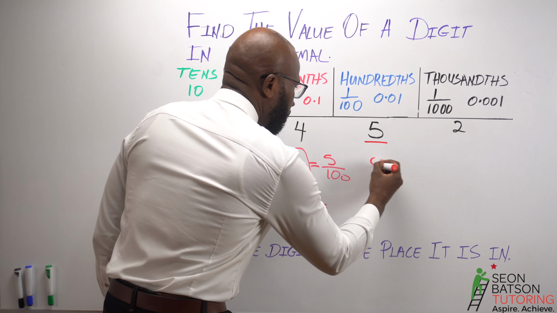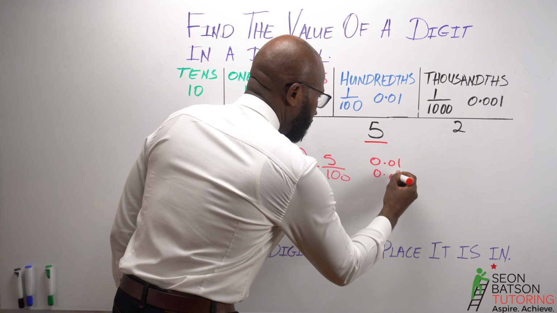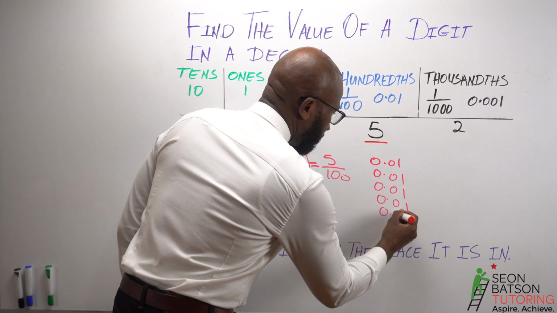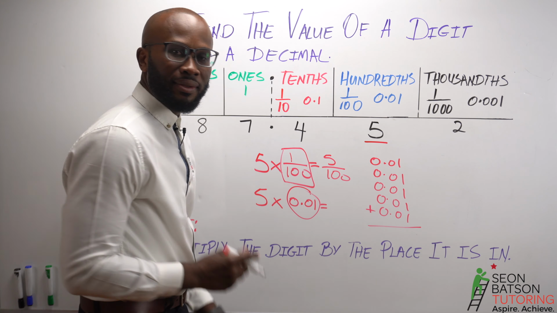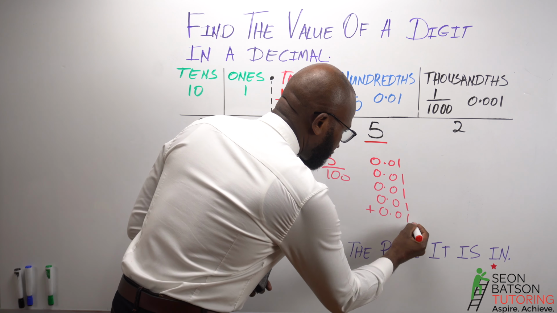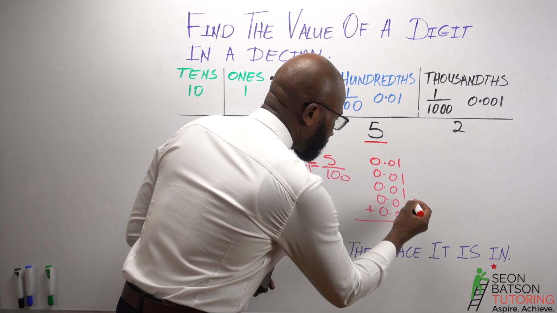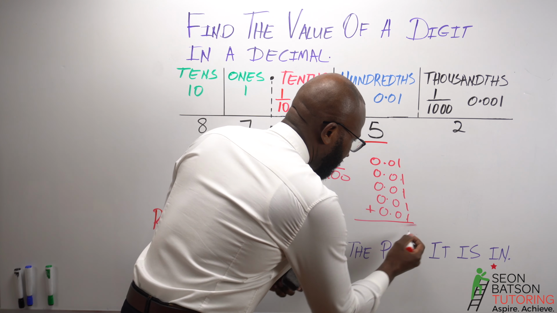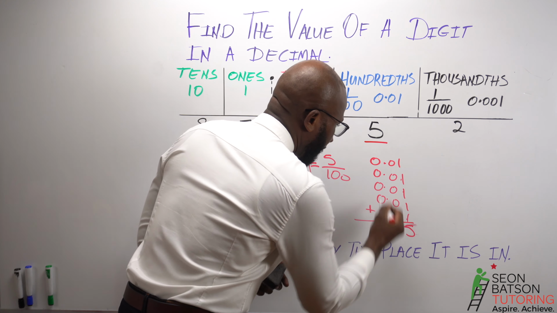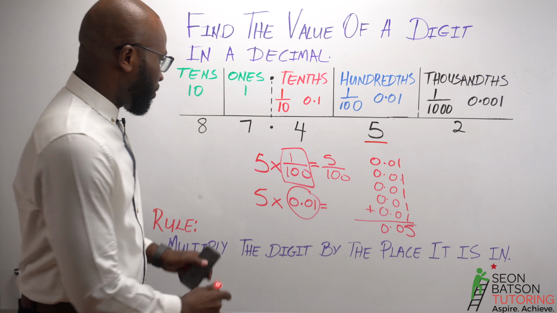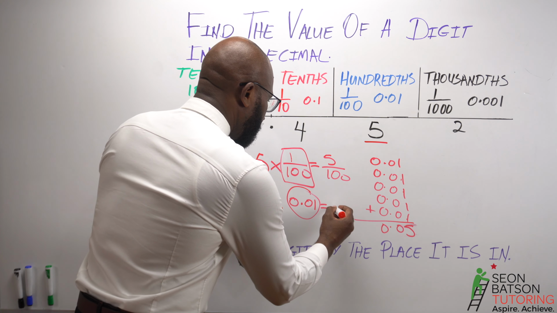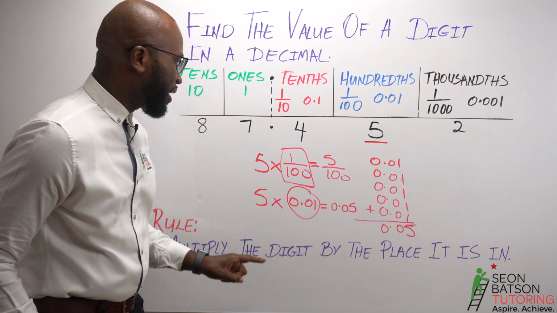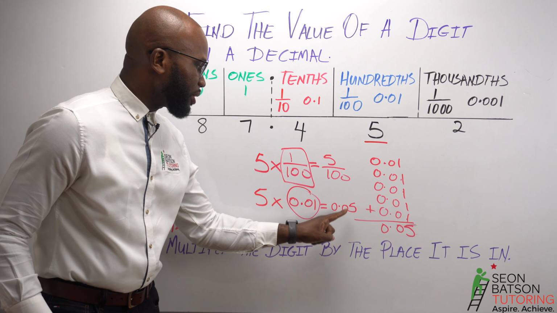So we can put 1, 2, 3, 4, 5. And if we add them, we get 1 plus 1 is 2, plus 1 is 3, plus 1 is 4, plus 1 is 5, and we have all zeros here. So 5 times 0.01 is 0.05. The value of the 5 as a decimal is 5 hundredths, or 0.05.